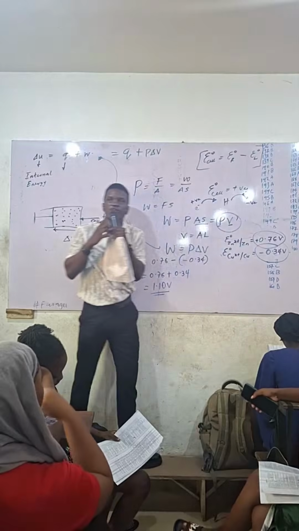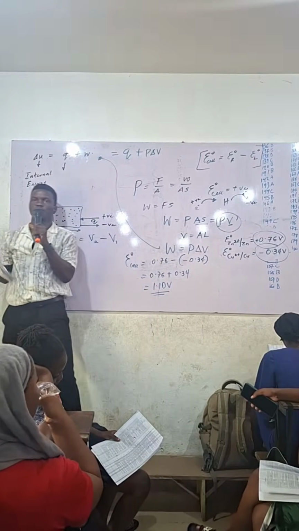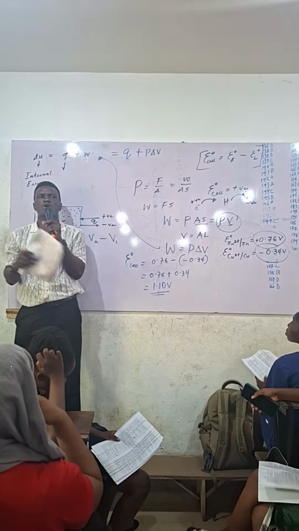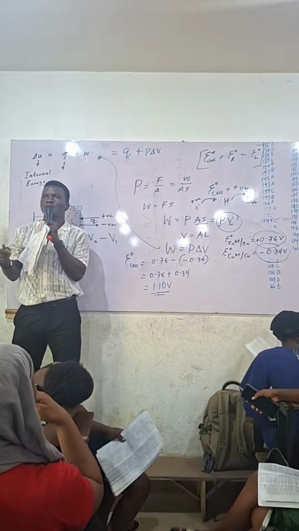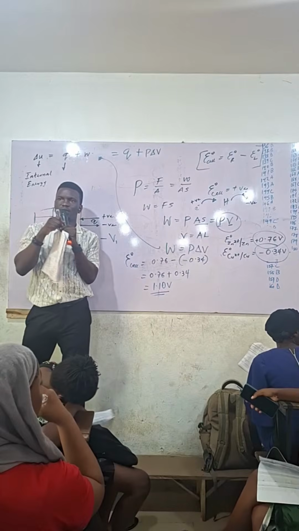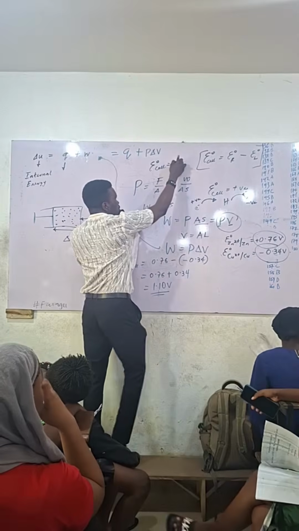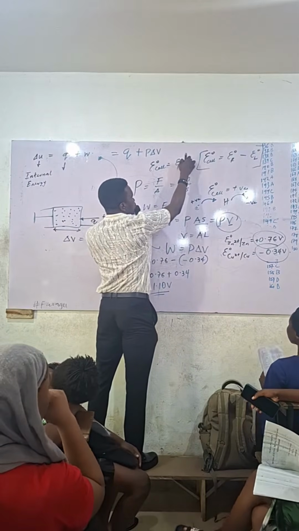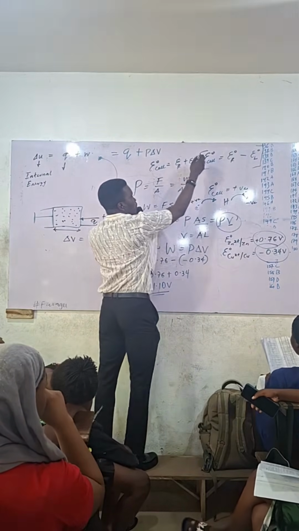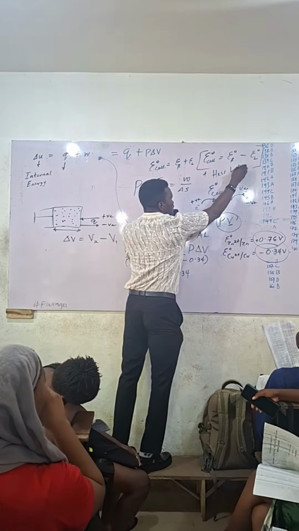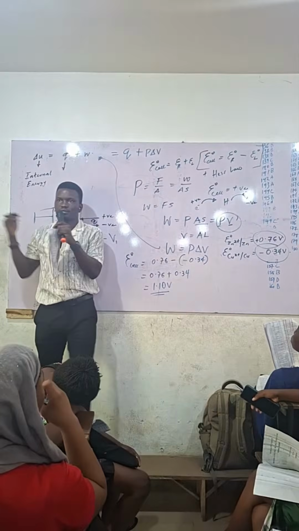I want to agree with you to some extent, but there's something in my mind saying that every time you calculate the EMF of a cell, I can use another formula. E naught of the cell is equal to E naught right plus E naught left, and that is Hess's law. Hess's law states that you will sum everything together.